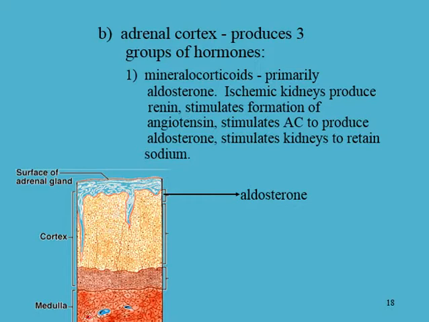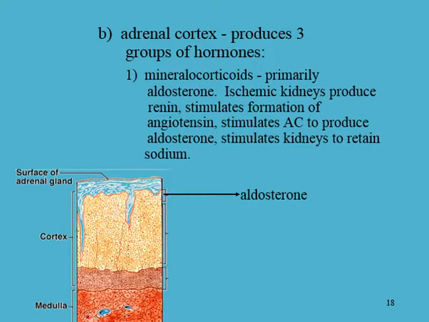Aldosterone stimulates the kidneys to increase retention of sodium and water. How are we going to close this loop? Do you see how the loop closes? If I retain sodium and water, that's going to lead to an increase in blood volume, and that will relieve the ischemic kidney. Right?